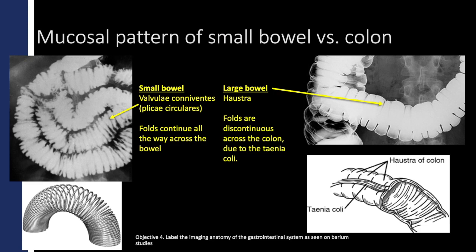And so this could be a super easy type of question in lab or lecture, where they show you a radiograph and they're saying, okay, what type of colon is this? Or what's this muscle that travels down this? Or the type of folding, either haustra versus plicae circularis.